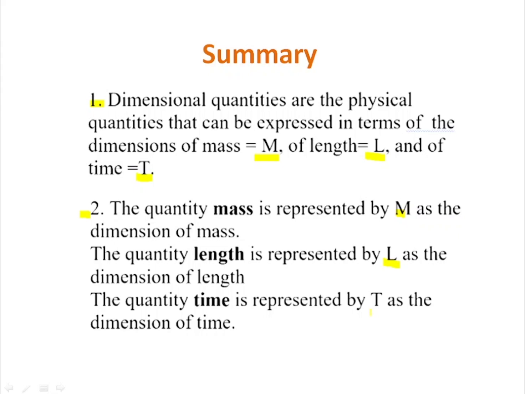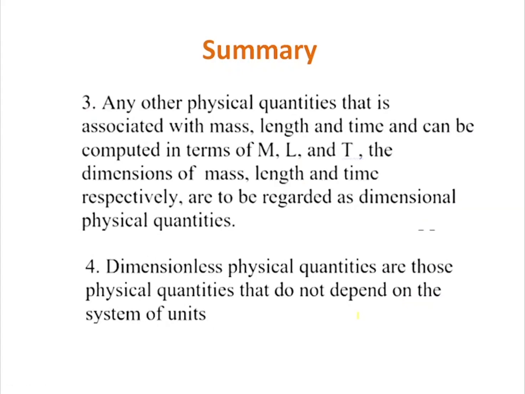And the quantity time is represented by big letter T as the dimension of time. Any physical quantity that is expressed with mass, length, and time and can be computed in terms of M, L, and T, the dimensions of mass, length, and time, respectively, are to be regarded as dimensional quantities.